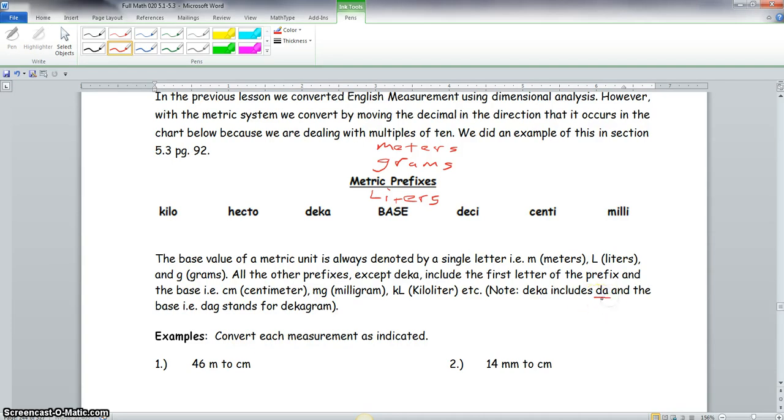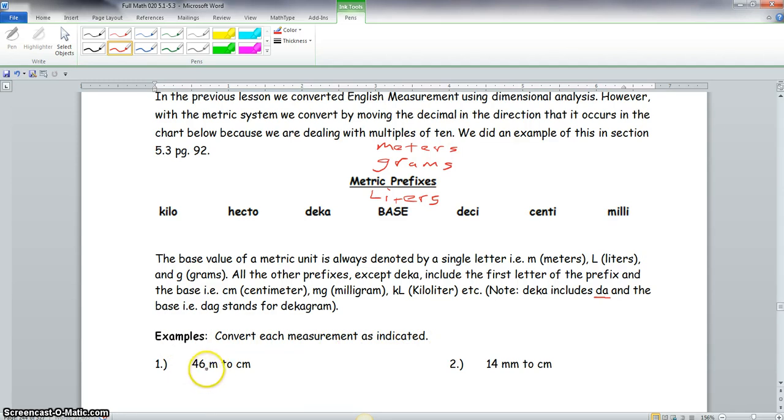This is the only one that includes DA. So unlike the others that only have two letters, this will have three when you're dealing with deca. So DA and the base, i.e. DAG, stands for decagram.